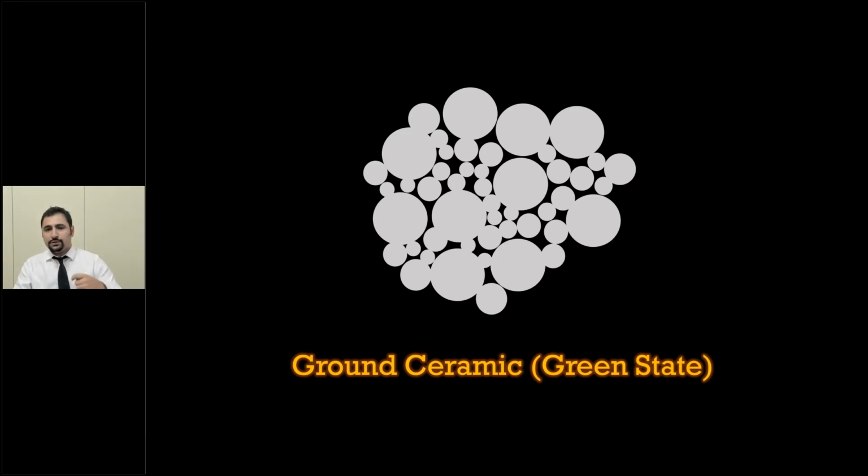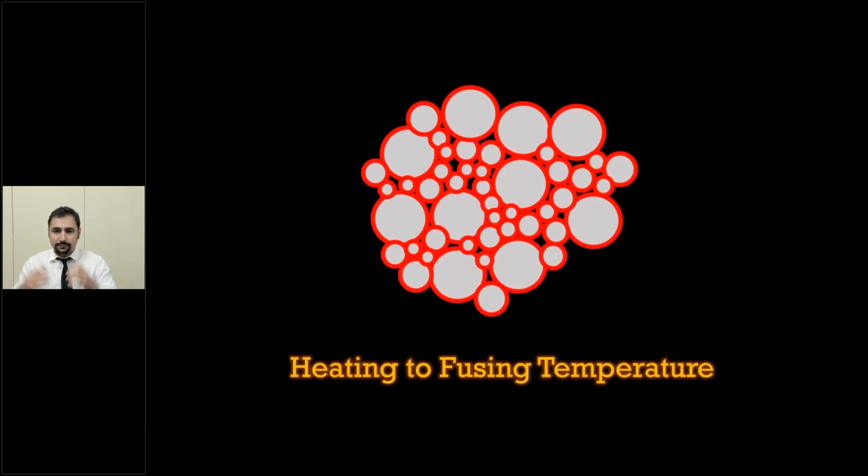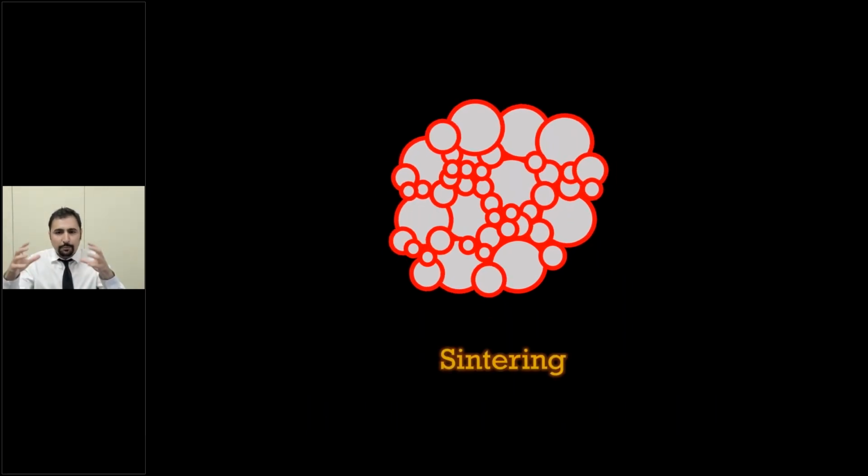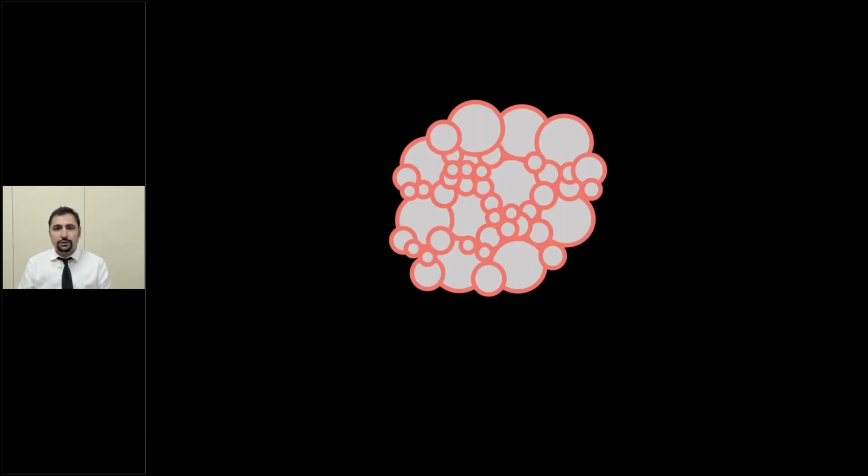Once we put the zirconia inside the oven, the outer surface of each of these particles starts to melt, and as they melt, they come together and bind together. Once it's cooled down, we have a dense final prosthesis that has lower volume and is denser. This is the whole idea of the sintering procedure.